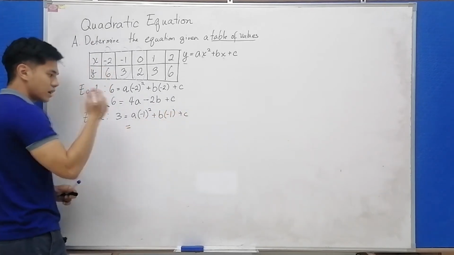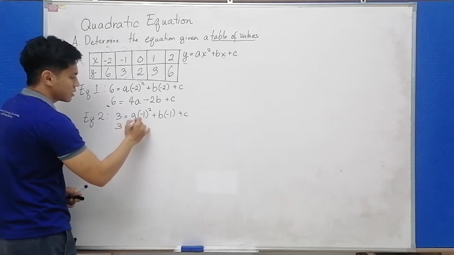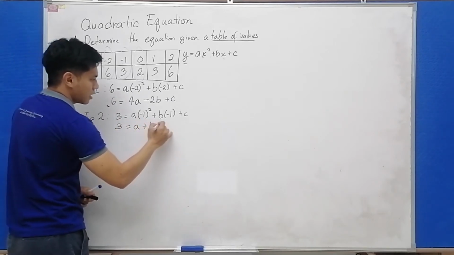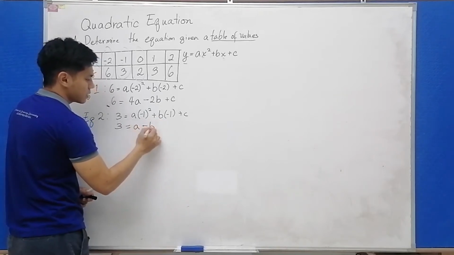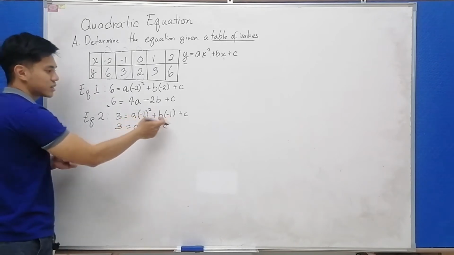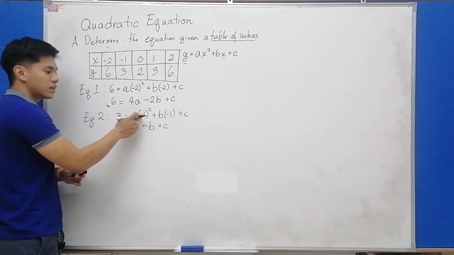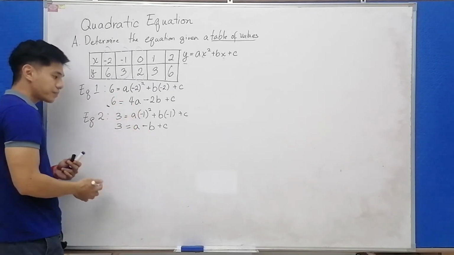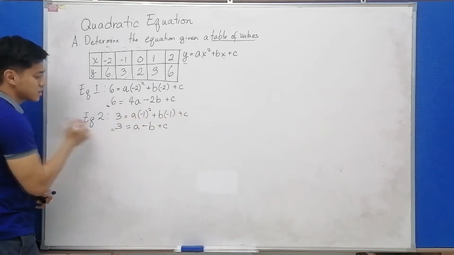Again, simplify. We have 3 equals a minus b plus c. Why is it negative b? -1 times b is negative. -1 times -1 will give us a positive 1, so it's now positive a. C, we just bring it down. So this is our second equation.